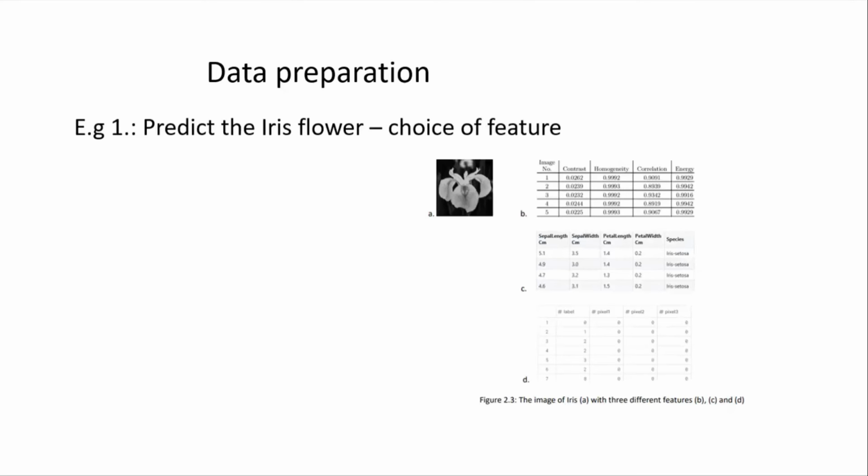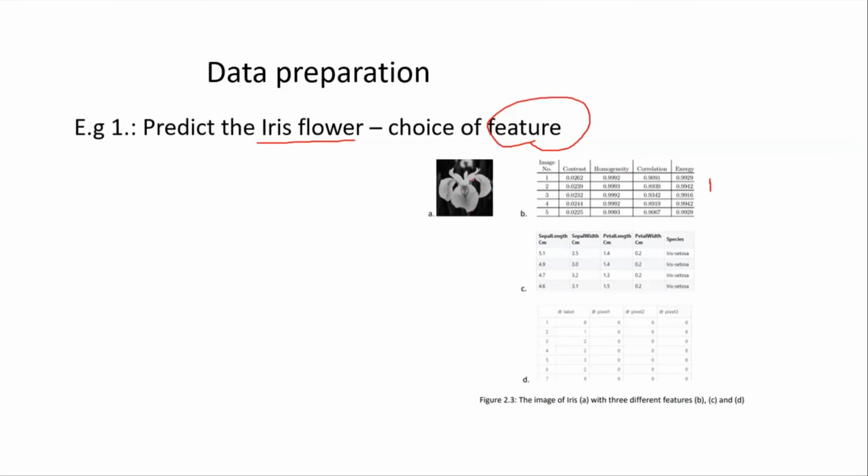Also important is the choice of features. Data preparation. So still the same iris flower recognition, and now we're moving to the features. It's still the same image photo, but you can have this data set. Here are the features of this one.